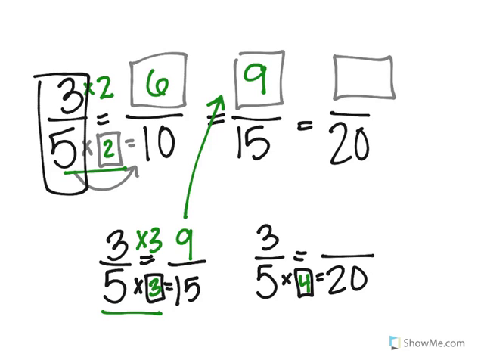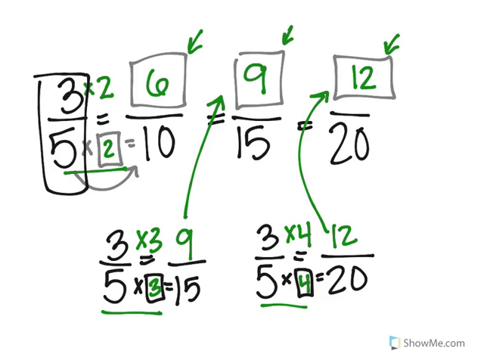You got it, 5 times 4. So I multiply my numerator by it, because if I multiply my denominator by a number, I have to multiply my numerator by it too. So 3 times 4 would give me 12. So 12 would fill in that spot right here. And now I've completed the assignment by filling in all the empty numerators.